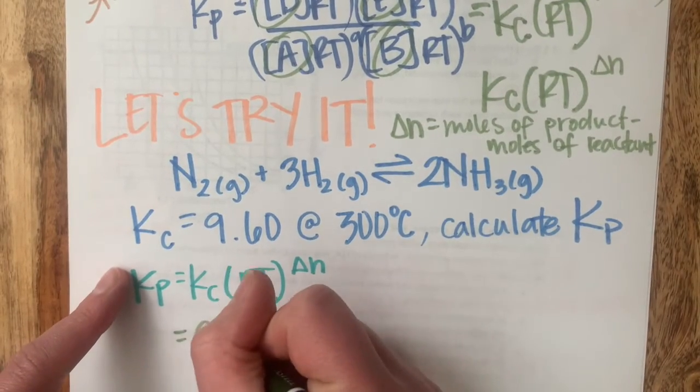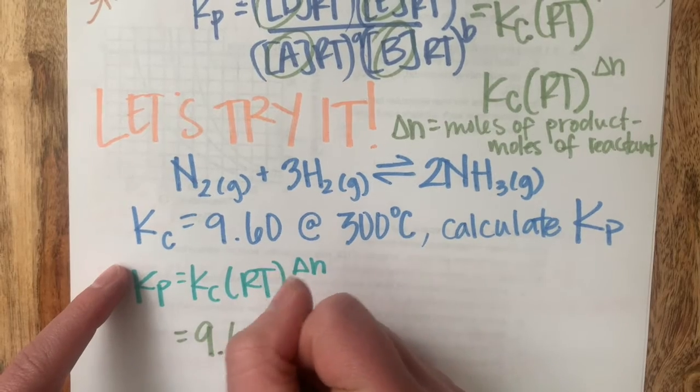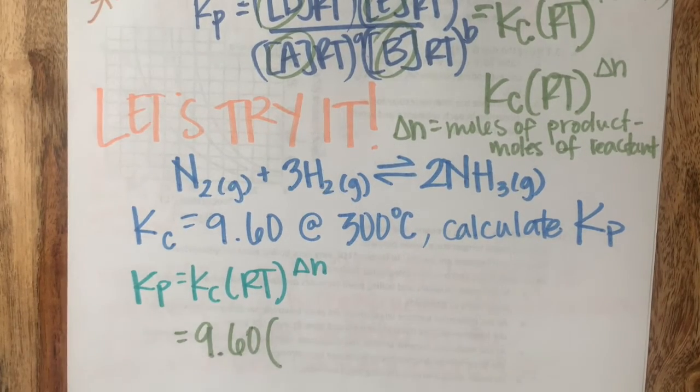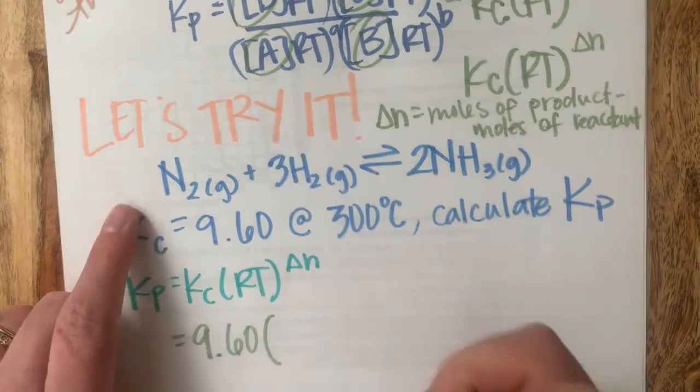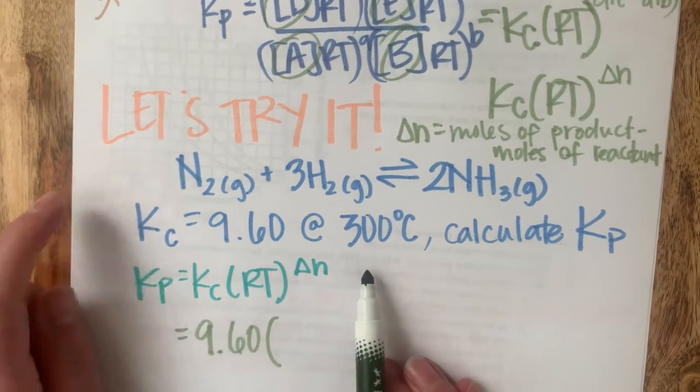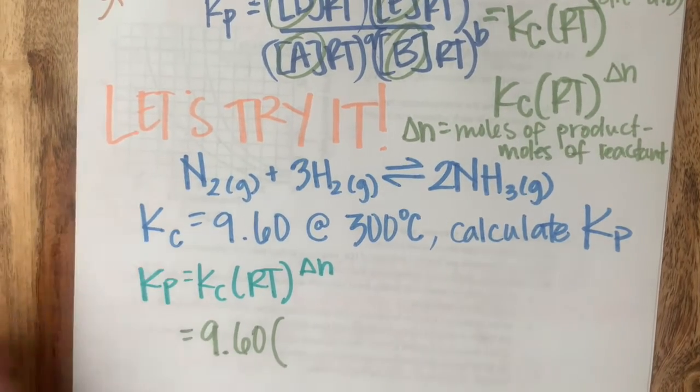So what's Kp? Kc is 9.60. What is R? R is our ideal gas constant, right? And let's figure out the units for that. This temperature is in Celsius, so we need to convert it. Then we're going to have delta n up here.